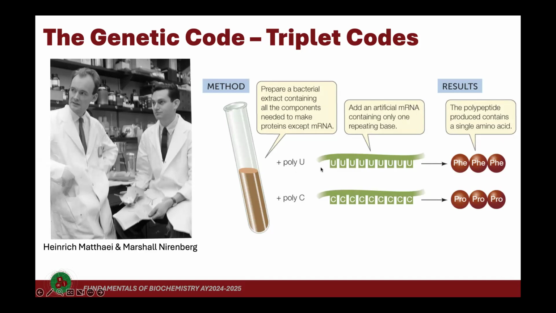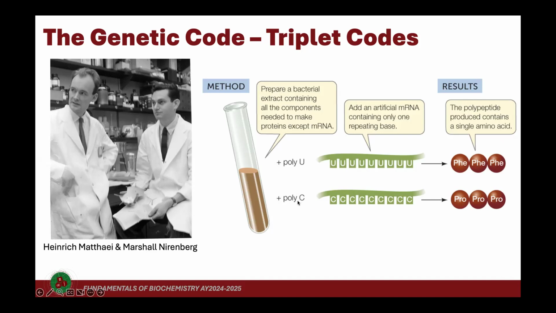So, the first setup was they had a poly U mRNA, and then they allowed the RNA polymerase and other important molecules and enzymes to translate this synthetic or artificial mRNA. And they analyzed the protein product, and what they obtained was a polypeptide that contains only phenylalanine. So at this point, if the code is a triplet, that means it's UUU for phenylalanine.